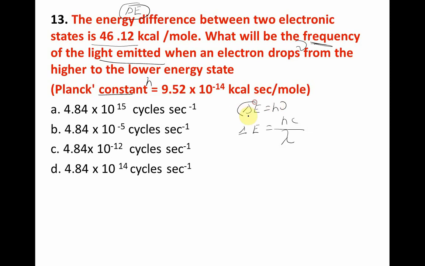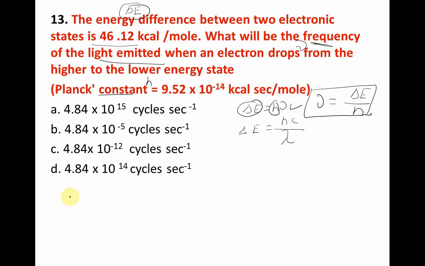Since they have given delta E and h, and they ask you to calculate nu, therefore nu is equal to delta E divided by h. This is the equation we need to solve this problem.